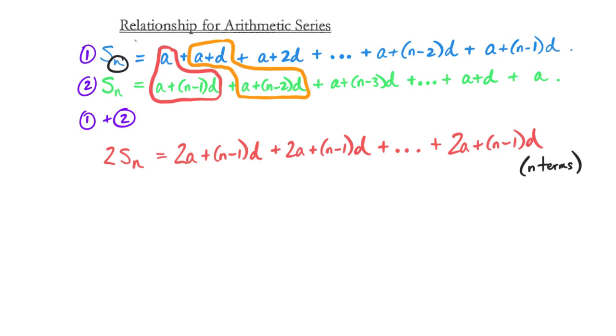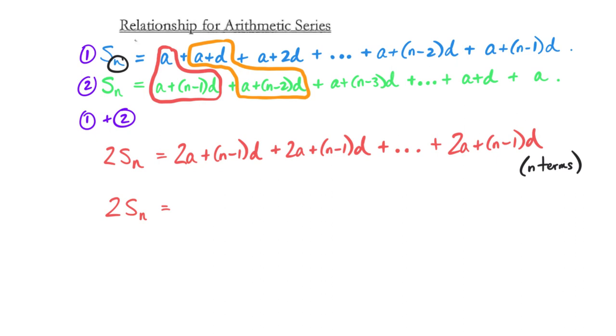So if I was to then go backwards a little bit, or maybe backwards is the wrong way, but to take our next step, my left side is still 2 times the sum of n terms. But I now know that I'm going to take that common sum, 2a plus n minus 1d, and I can multiply it by n because I know it shows up n times.